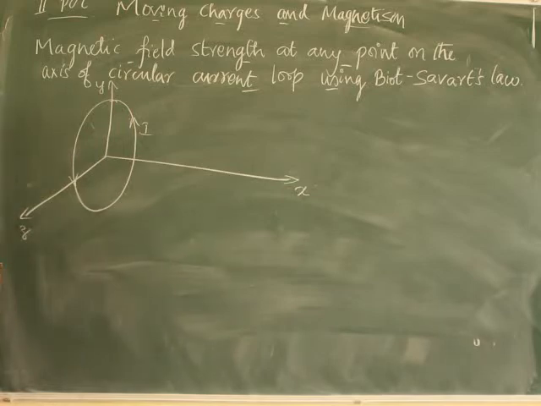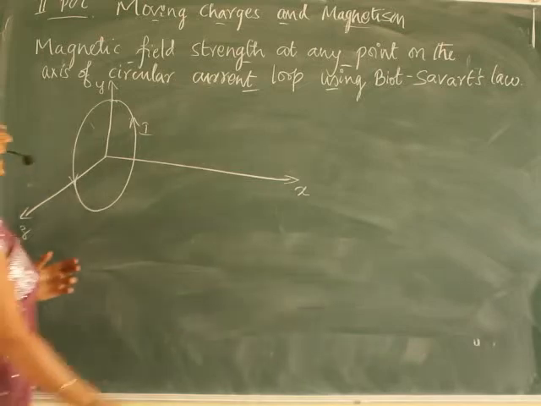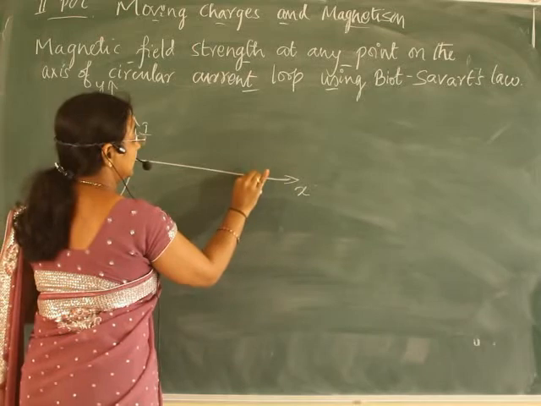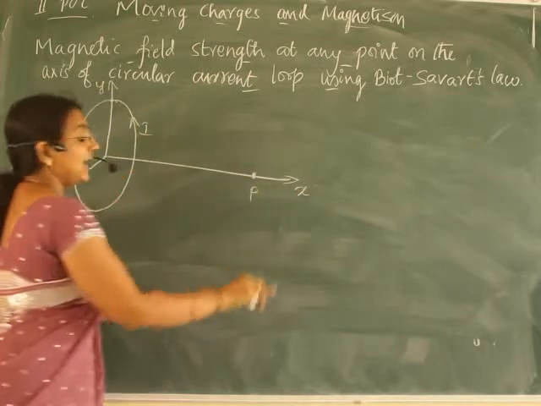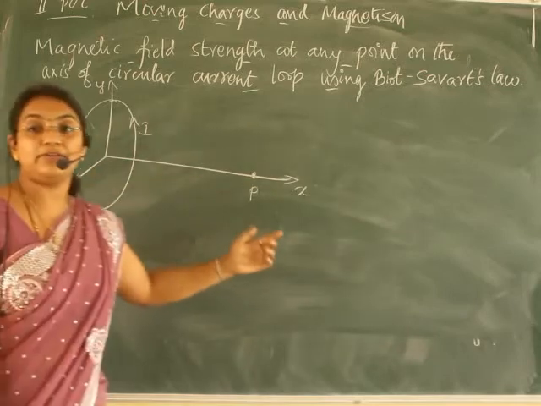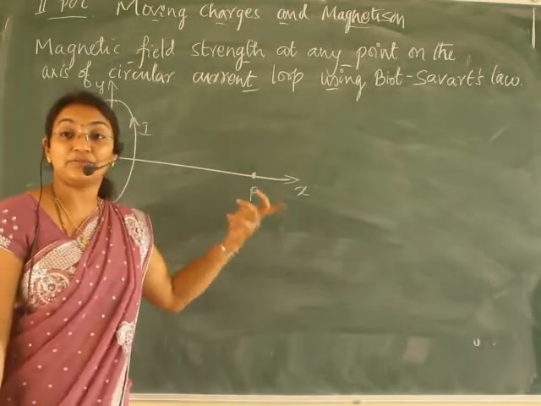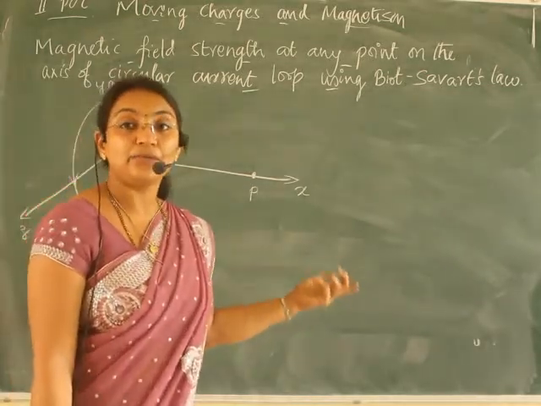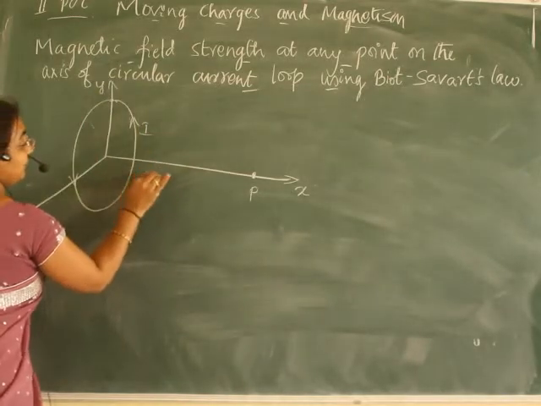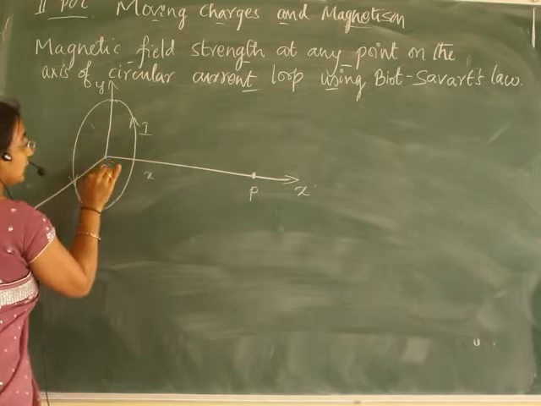Now we have to find the magnetic field at a point P. Let us consider one point P, at which we have to find out the magnetic field, which is at a distance x from the center of this circular loop.